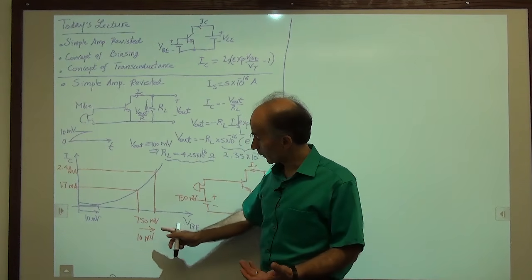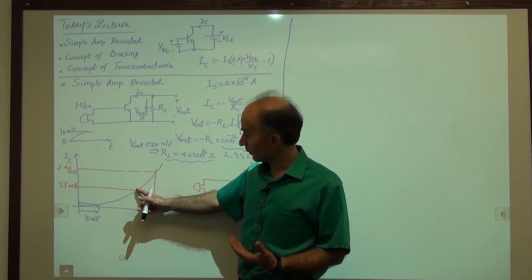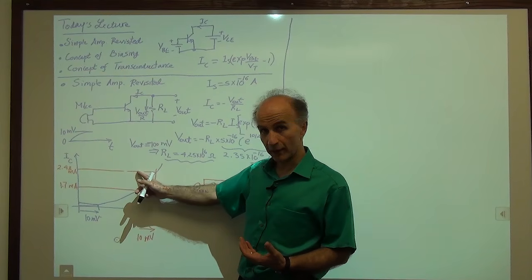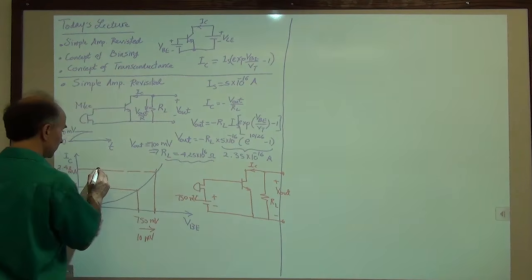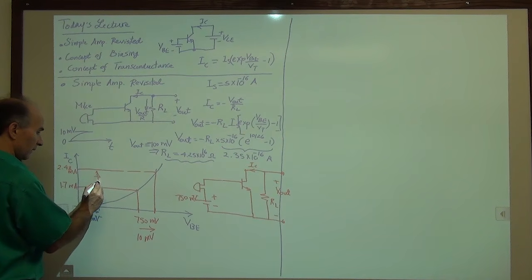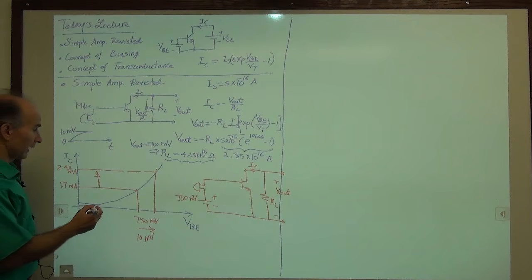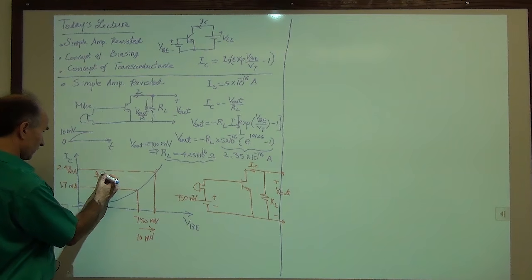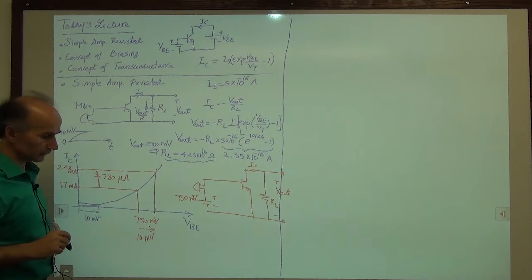Well, now when the 10 millivolt signal from the microphone comes in, the current goes from 1.7 milliamps to 2.48 milliamps. So the current increases by the difference between these two, which is 780 microamperes, right?